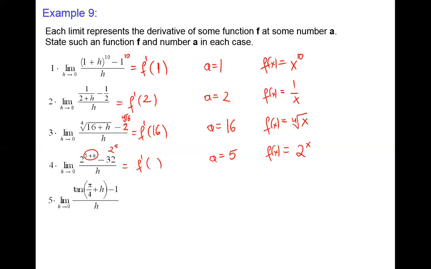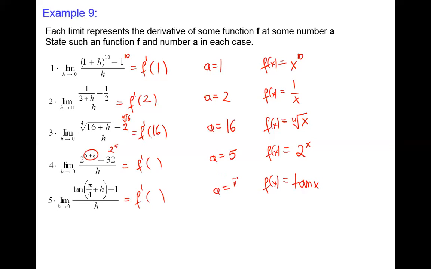Limit as h goes to 0 of tangent of pi over 4 plus h minus 1 over h. That means this limit represents the derivative at which point and of what function. Probably it's easy, right? Tangent of x. And at which point? Whatever h is added to.